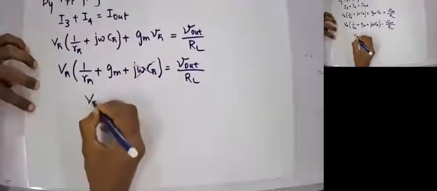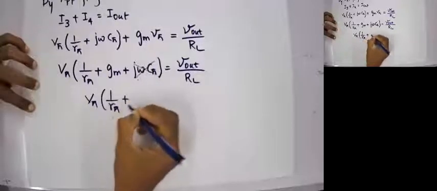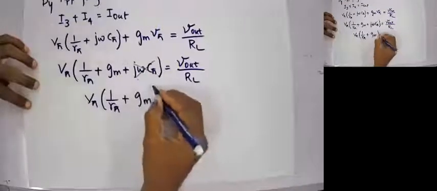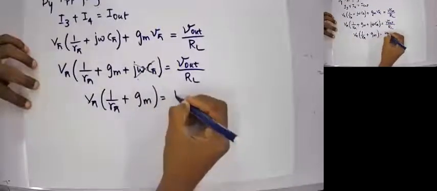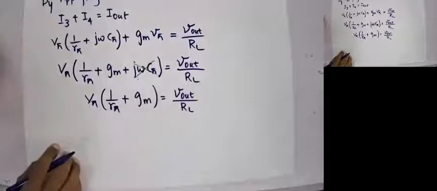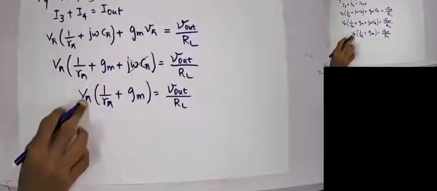So we can rewrite this as V pi into 1 over R pi plus Gm equals V out by RL, right?